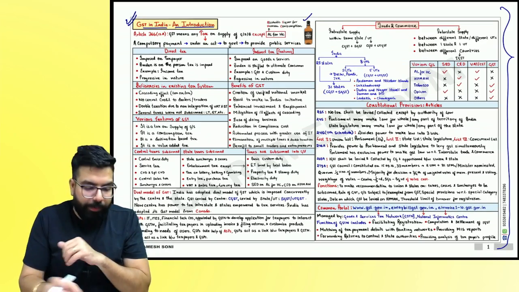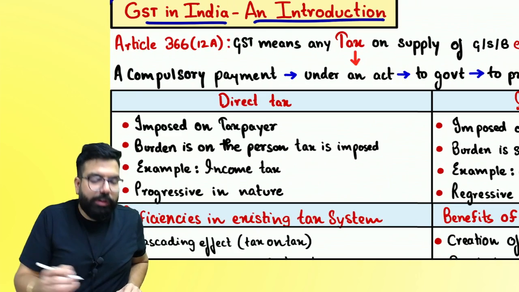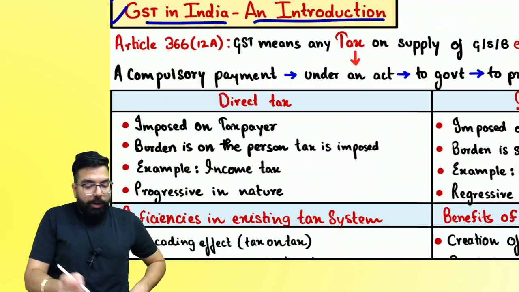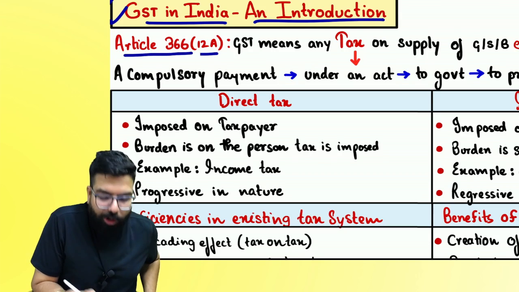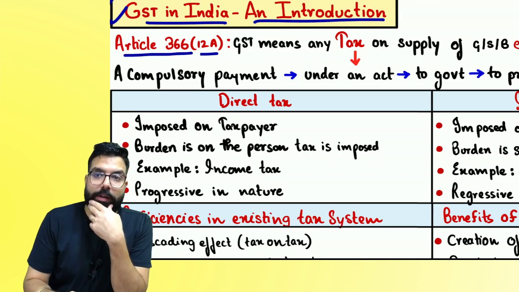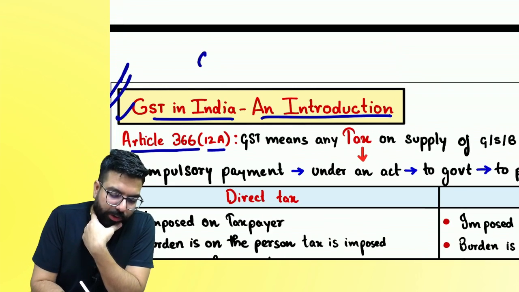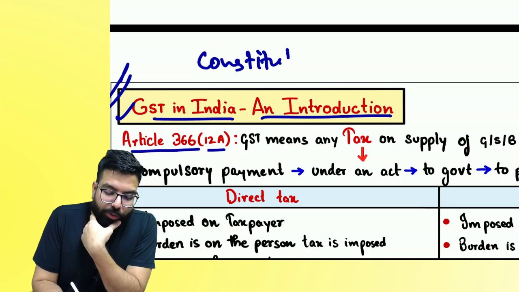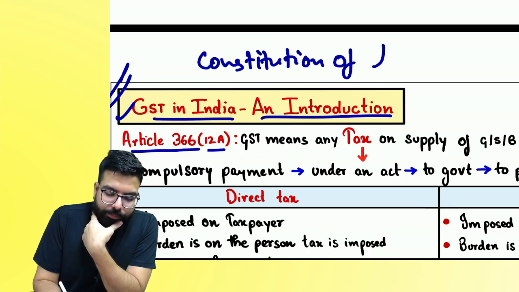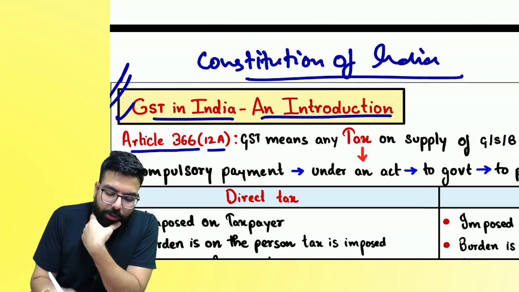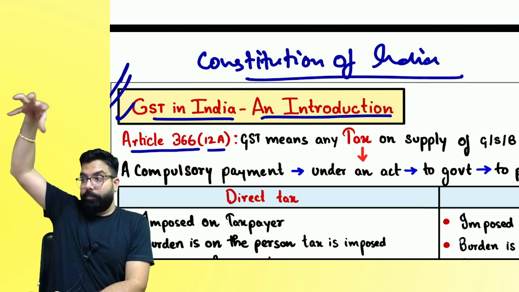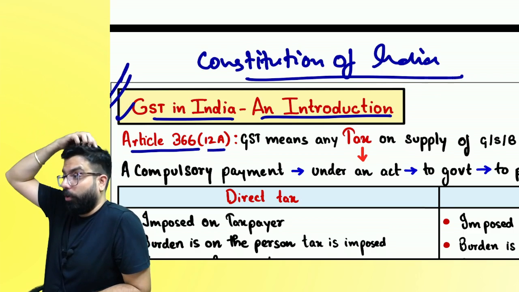Are we clear, everyone? Now, when you start GST, the first point which comes is Article 366, Clause 12A. What article is this? Everyone knows the Constitution of India. The Constitution of India is the Mother Act. The main act is the Constitution of India.